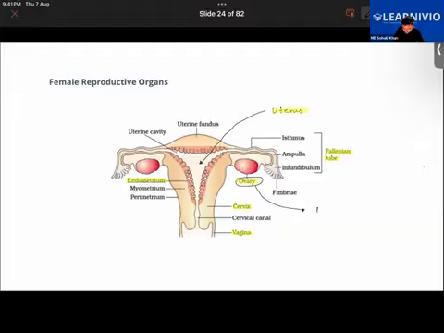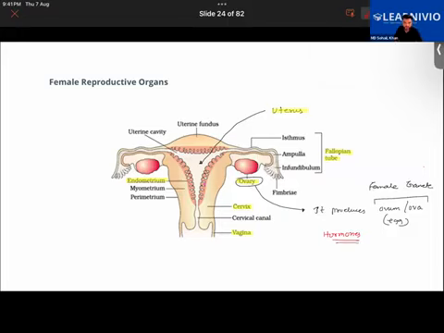So it produces ovum slash ova, same thing, or it's basically the egg. And this basically is the female sex cell or the female gamete. Other than that, it produces some hormones also. The ovary, we will get to know, produces some hormones as well, which we are going to learn about.